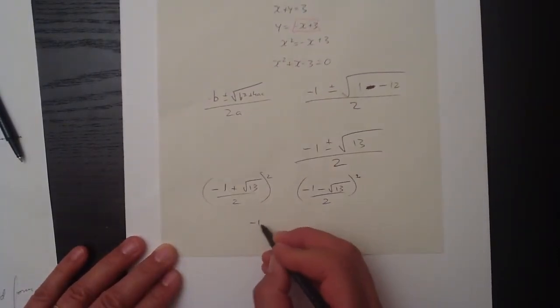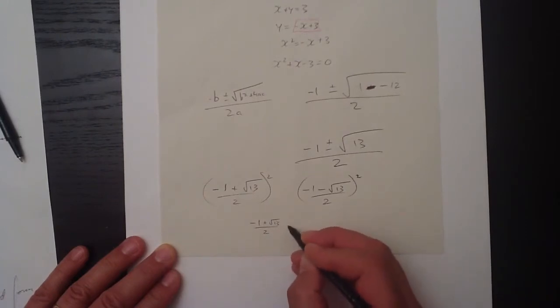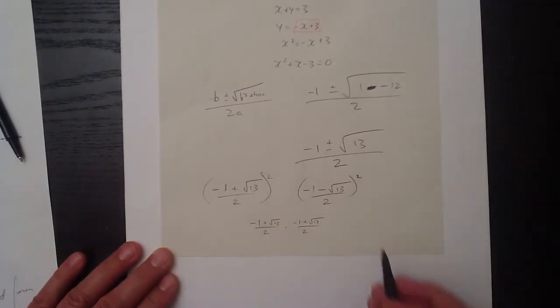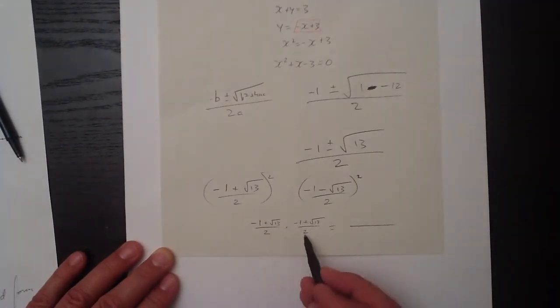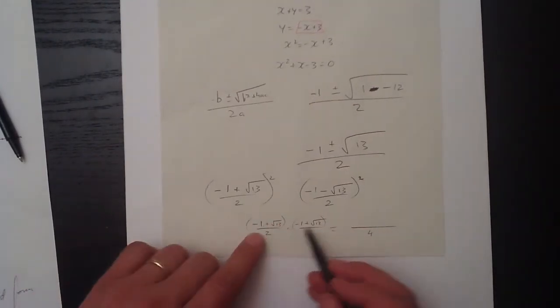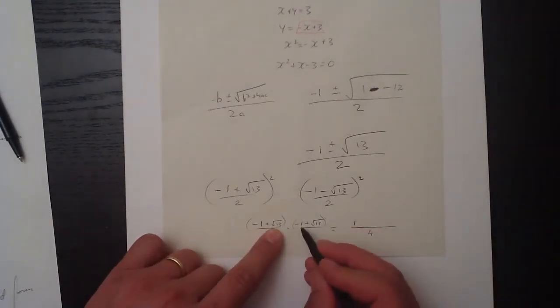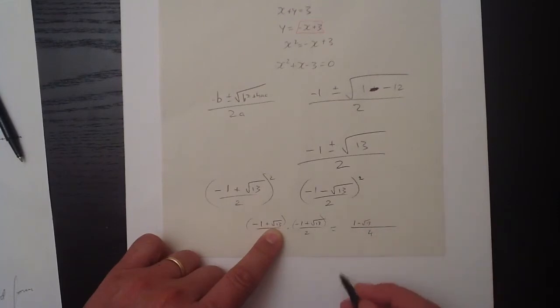I'll show you this one just because I have a little bit of space here. So this one here, negative 1 plus root 13 over 2 times negative 1 plus root 13 over 2 equals, well, the top times the top goes on top and the bottom times the bottom, so that goes over 4. And this can actually get FOILed. So negative 1 times negative 1 is 1. Root 13 times negative 1 is minus root 13.